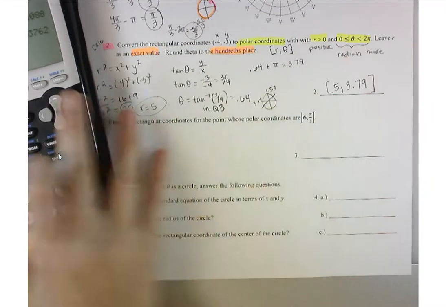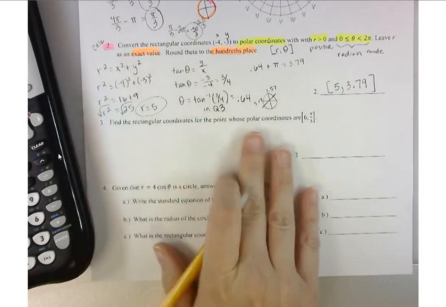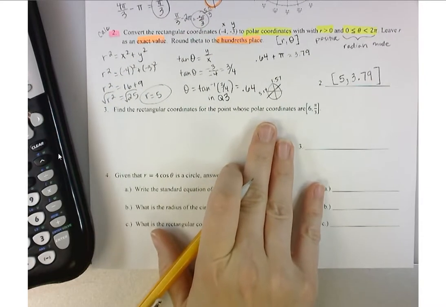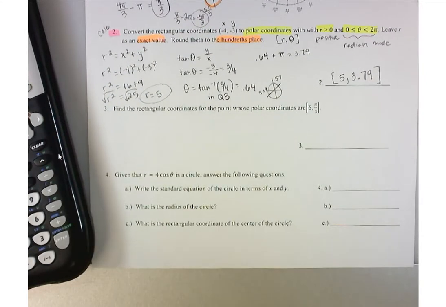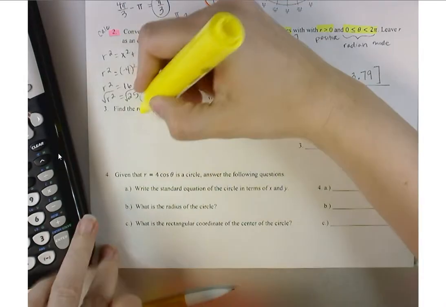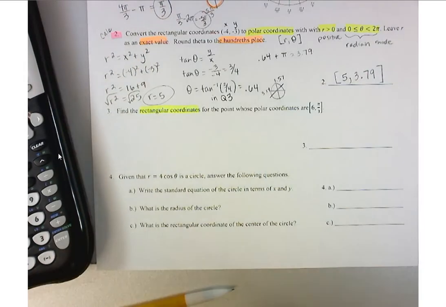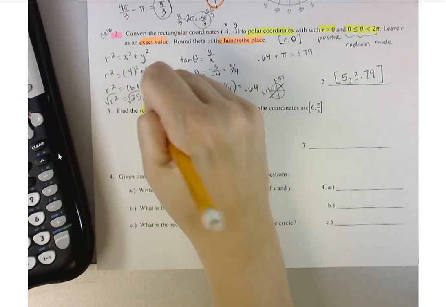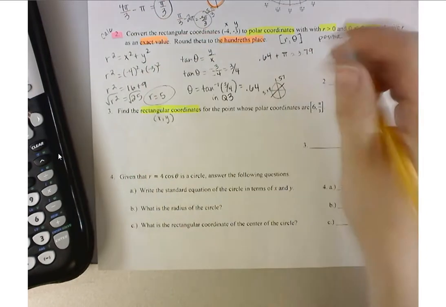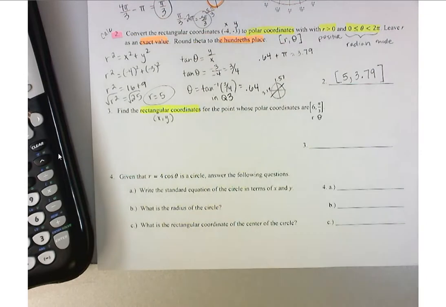Questions for me on number 2? Okay. Number 3: find the rectangular coordinates for the point whose polar coordinates are 6, pi over 3. Now we're trying to find the rectangular coordinates. If you're finding rectangular coordinates, what you're finding is x, y, and what you're given is r and theta.